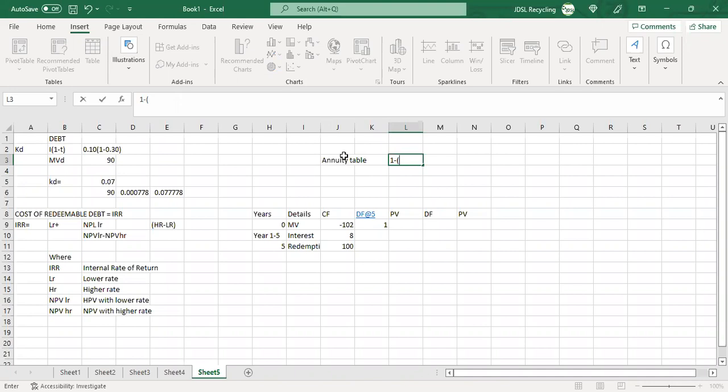The formula is 1 minus (1 plus R) raised to the power minus n, close your bracket, all divided by R. But for us not to waste much of our time, just go to the back of your question paper. You are going to see the annuity table. What you need to do is go to the annuity table at the rate of 5%, check up to 5 years. What is the factor that we are having on it?